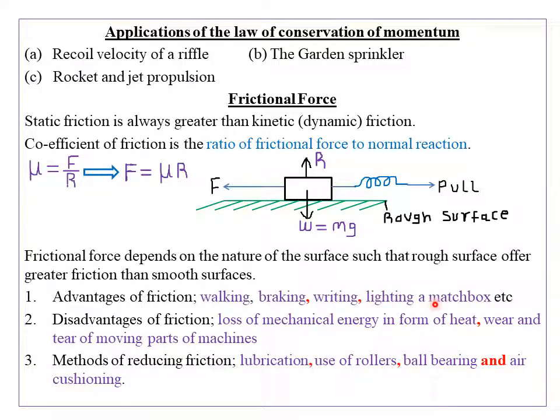Also, when you are lighting a matchbox, when the end that you strike has some water, you realize that the matchbox will not light, because the water tends to reduce the frictional force between the rough surface of the matchbox and the surface on which you are scratching it. So when there is water in between, the matchbox won't light.